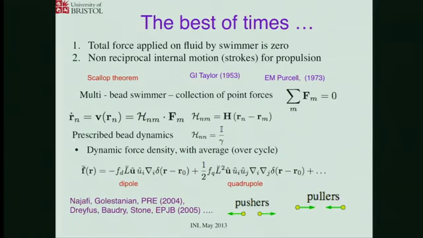And so the swimmer is just something which is moving these point forces around. And remember, the forces add up to 0. So if we calculated the force density due to one of these objects, the leading term is going to be a dipole. And of course, there'll be higher order terms, whatever it is. But we know that there is no monopole term.